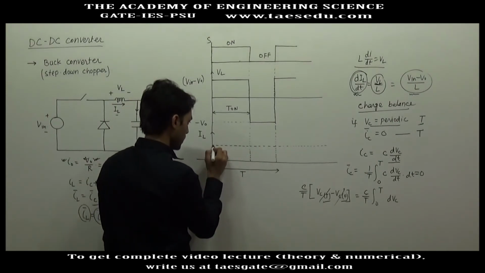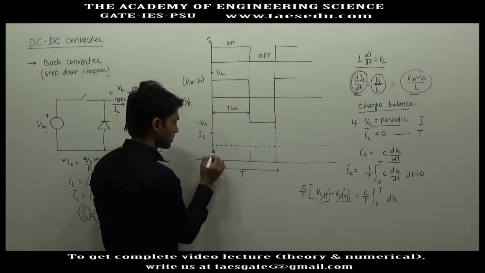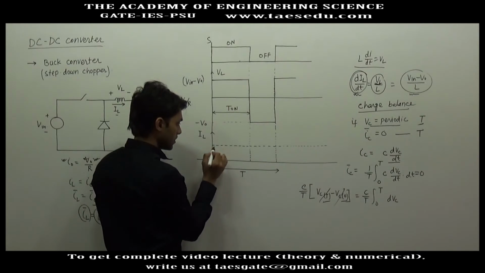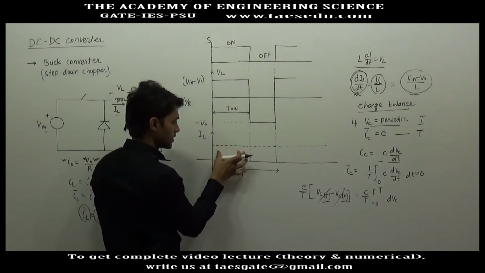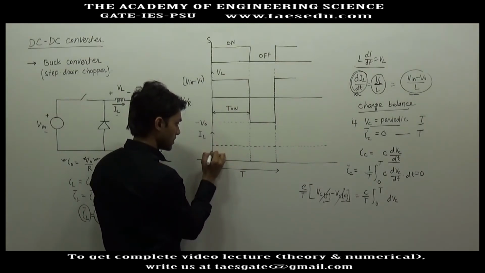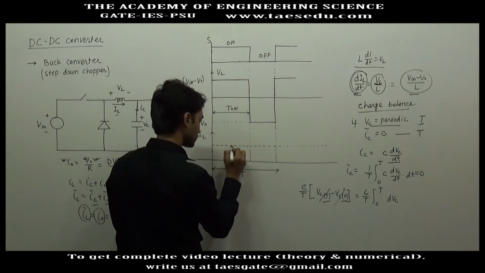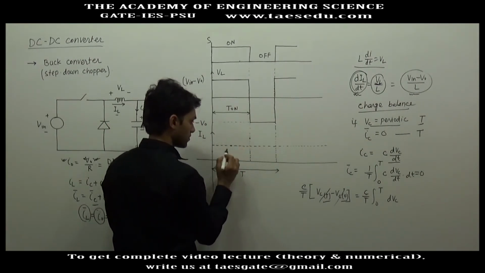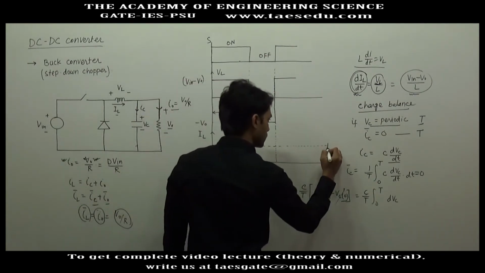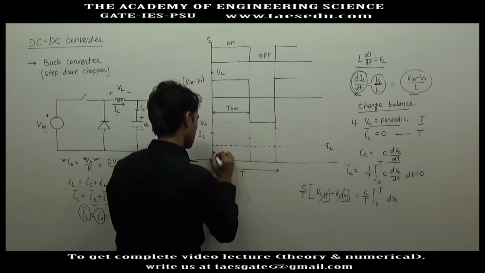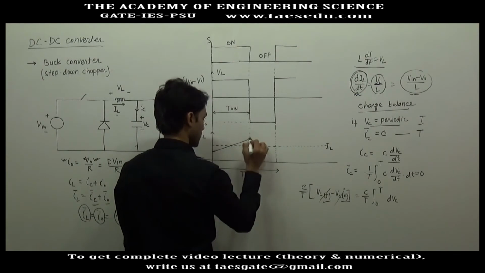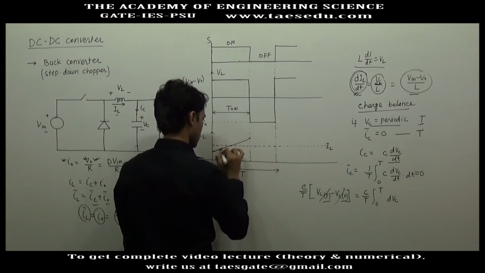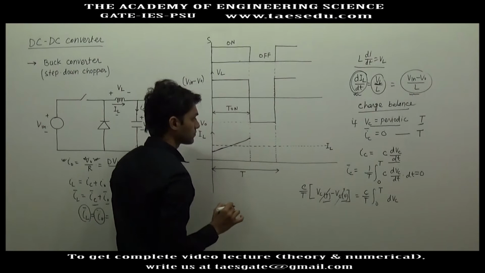So you will have a straight line, and from where this will start, in this duration it will increase. So obviously you have to draw a straight line such that its average value will give you the average inductor current. This will be the graph of inductor current when it is increasing.